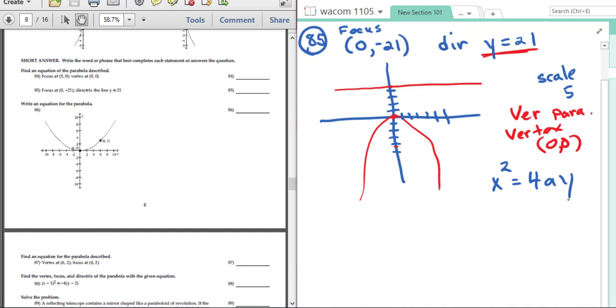And this one goes down, so a is going to be negative. Our amount of space that we count down for the focus is 5, 10, 15, 20, 21. So 21, but this opens down, so it's going to be negative. So a equals negative 21. And so x squared equals 4 times negative 21y. So x squared equals negative 84y.